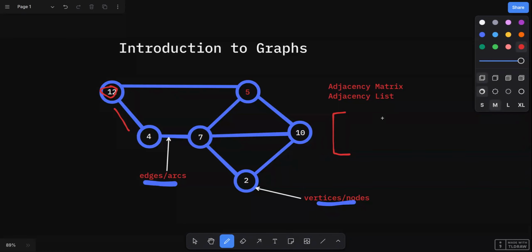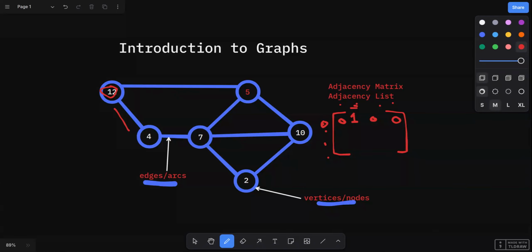Maybe this is a matrix here, and we're representing a number of elements here, and we also have them up here. Here we represent the relationships with a one. If there's a relationship between, let's say, this point and this point, we mark it with a one. And if there's no relationship between this and any other points, we mark those with zeros. We're going to see how to do adjacency matrices in a moment as we progress.